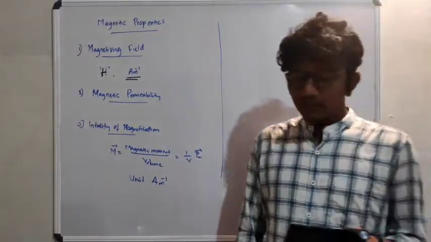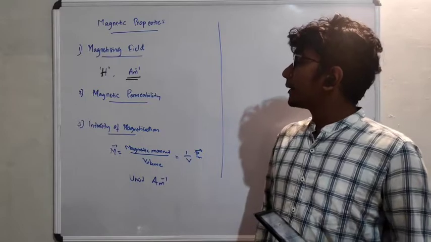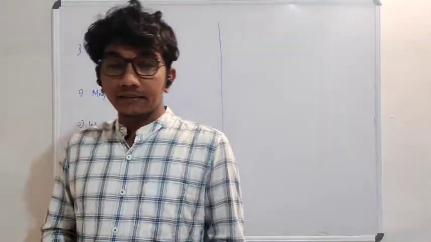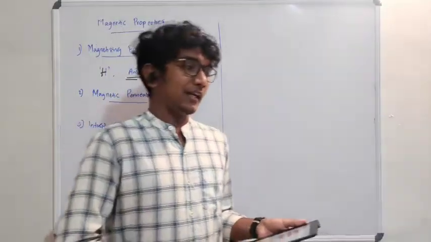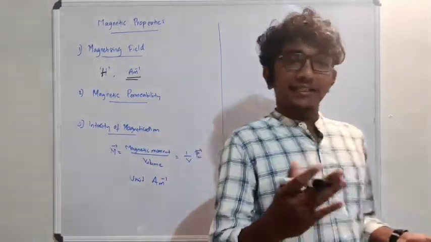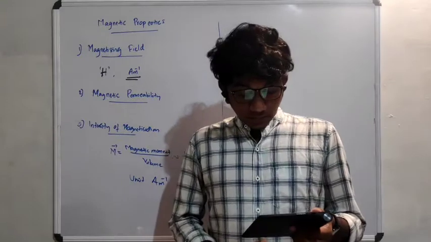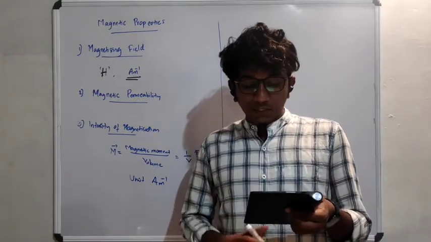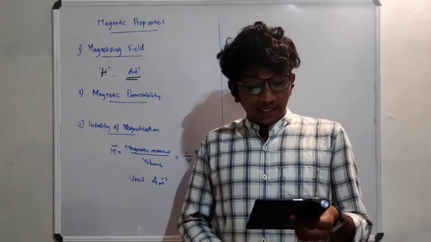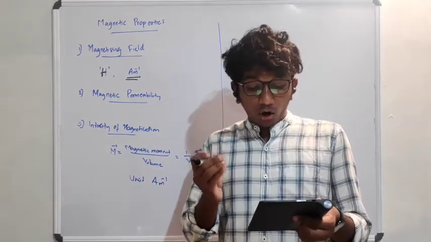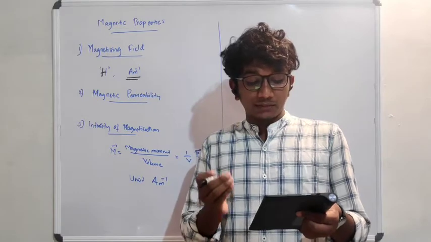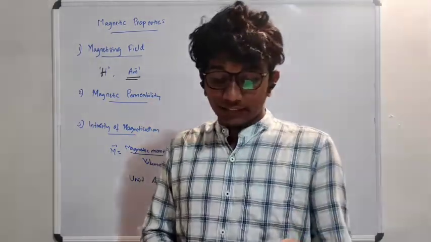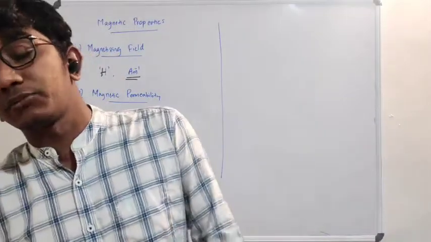Second one, magnetic permeability. What is magnetic permeability? I'll read the definition first, then we will discuss more. It is the measure of the ability of a material to allow the passage of magnetic field lines through it, the capacity of the substance to take magnetization, or the degree of penetration of magnetic field through that substance.